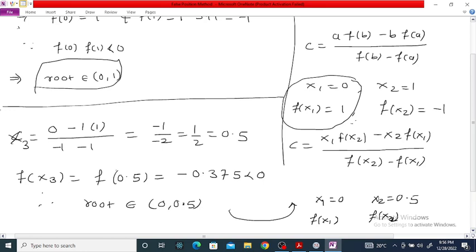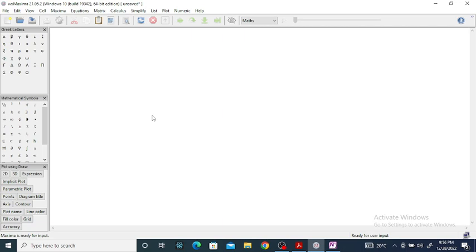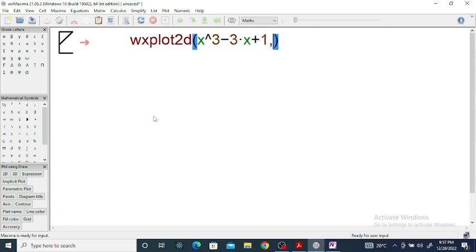Now we are going to apply the Maxima software. By using Maxima, you can find the location of the root by using wxplot2d. The given equation is x³ − 3x + 1, and we want to draw the graph over the interval 0 to 4.